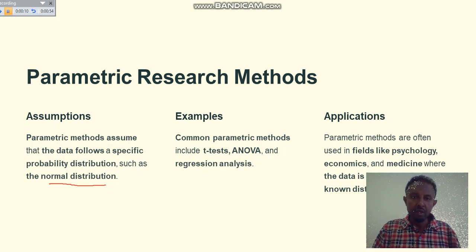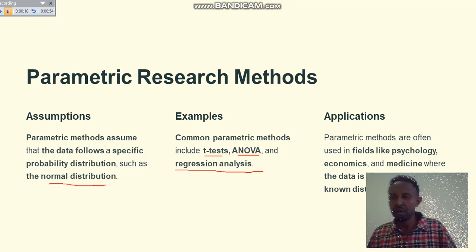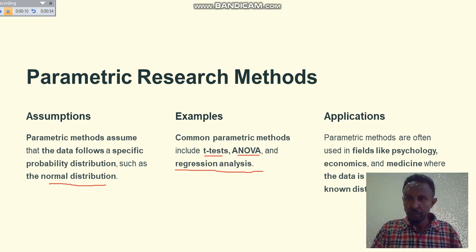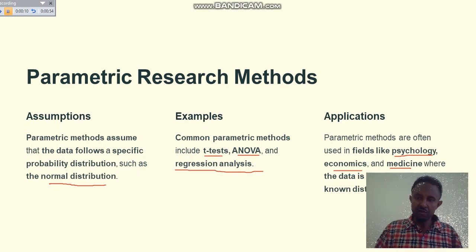What is quite common in this method is the t-test, ANOVA, and regression analysis, which are some of the methods commonly used in the parametric test. Mostly this method is applied in psychology, economics, medicine, and some other related fields.